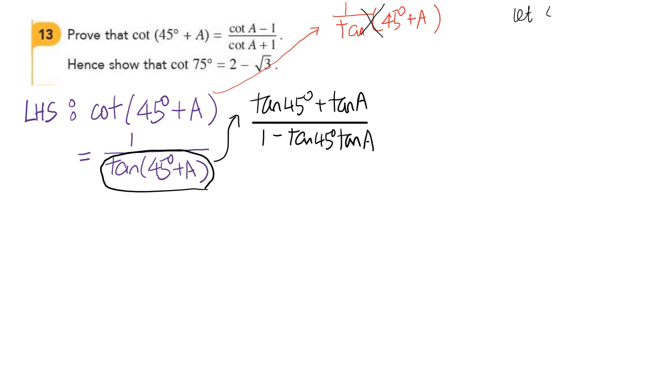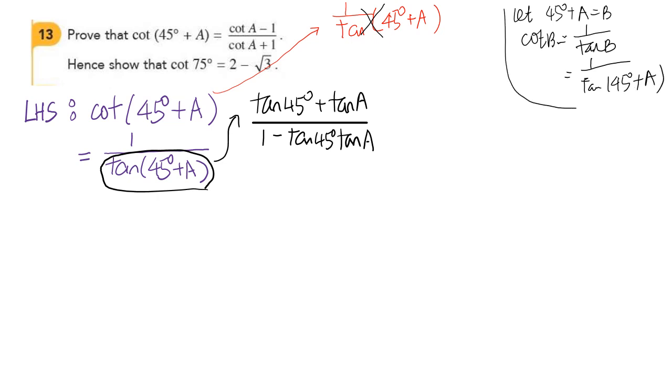I'm just going to let 45 degrees plus A be the letter B. So what you're getting is cotangent B, which is basically 1 over tangent B. And if you replace your B back with 45 degrees plus A, can you see that the correct way of writing will be what I have shown you here? This is the correct way of writing.